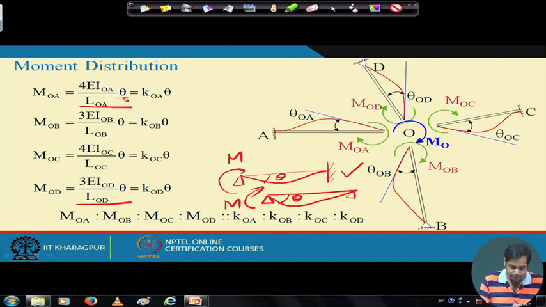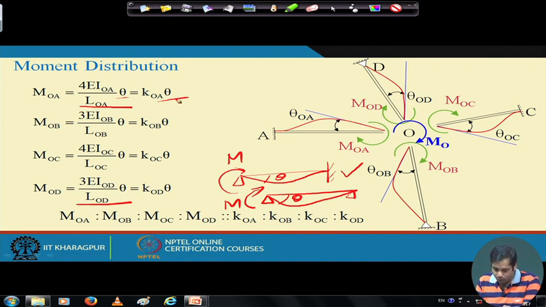So, that is why it is theta. Okay. Now, KOA is the stiffness due to the rotation at O in member OA. So, this is how the moment MOA is related to theta and the stiffness.